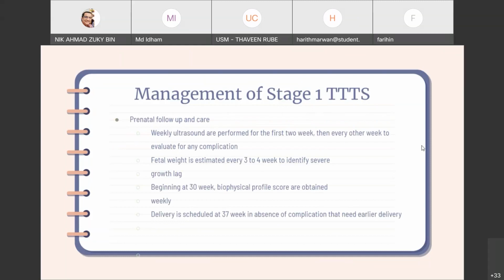Prenatal follow-up and care for women with symptomatic stage 1 twin-to-twin transfusion syndrome involves weekly ultrasound for the first 2 weeks, and after that every 2 weeks to evaluate for any complication. Fetal weight is evaluated every 3 to 4 weeks to identify severe growth lag. Beginning at 30 weeks, a biophysical score is obtained weekly. Delivery is normally scheduled at 37 weeks in the absence of complications that need earlier delivery.